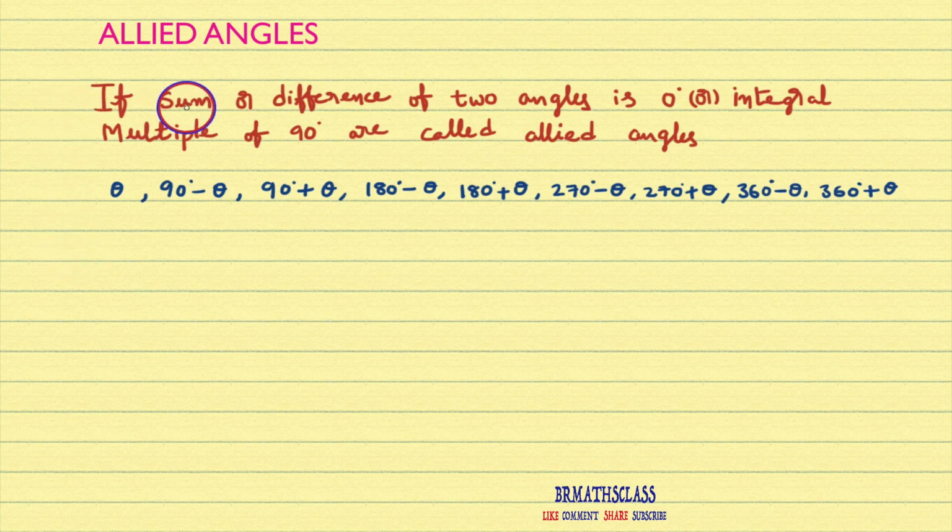If the sum or difference of two angles is either 0 degrees or an integral multiple of 90 degrees, they are called allied angles. Sum means addition. Integral means integer.